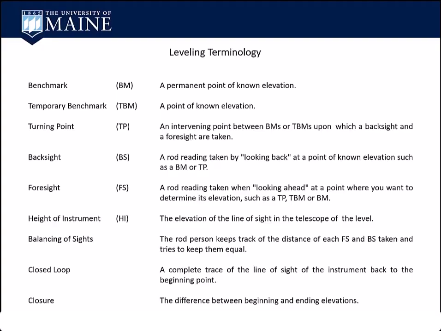They would find a benchmark of suitable datum and quality, and they would run that elevation onto their site. And of course now we use GPS for a lot of control.